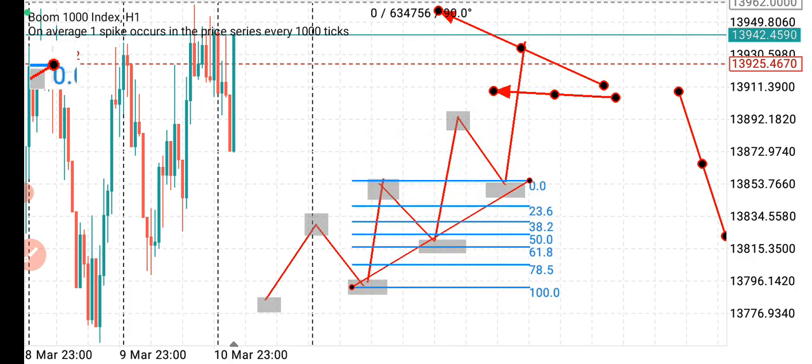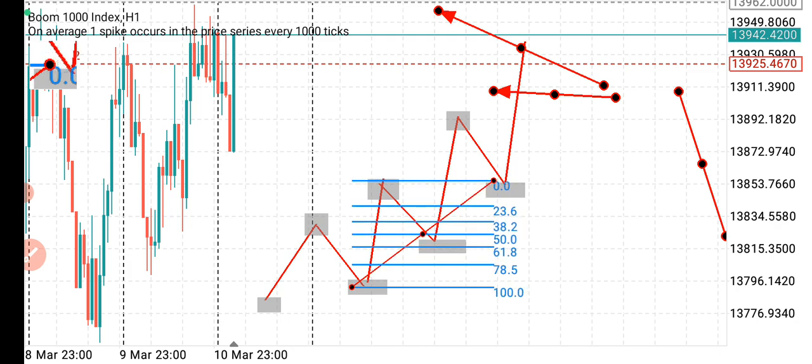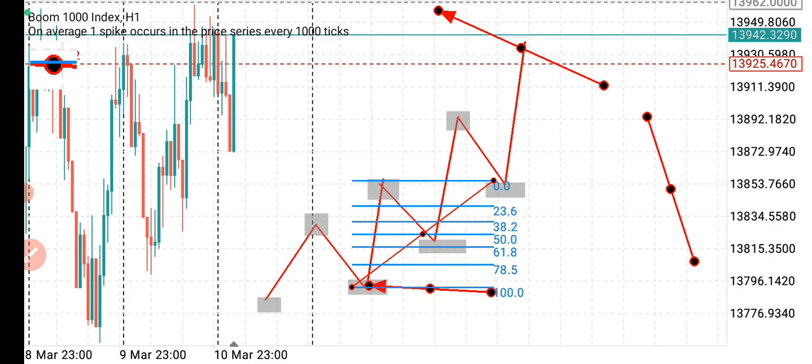Can you see it? Remember we said we are moving from this to this, and look at this one. This one reverses at the level of close to 61.8, and then it moves to the upside, but immediately it breaks the level of 23.6, which shows that the reversal has commenced.